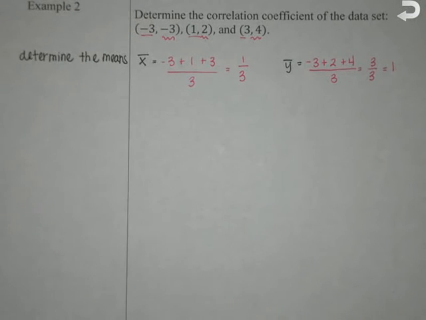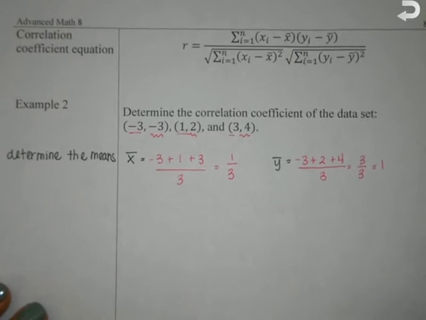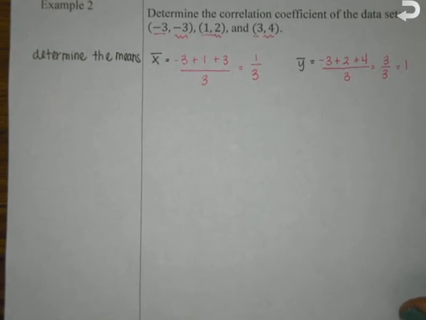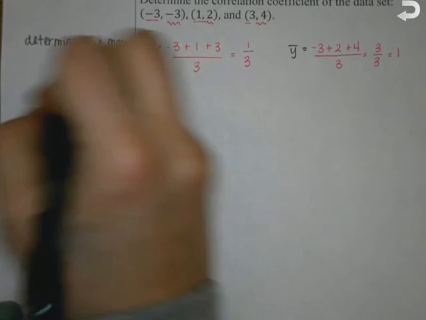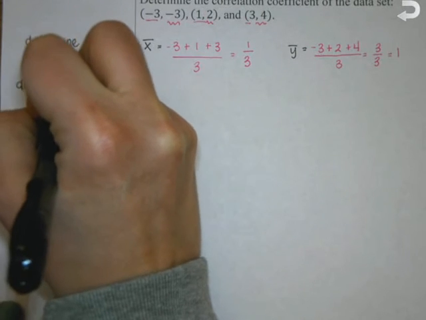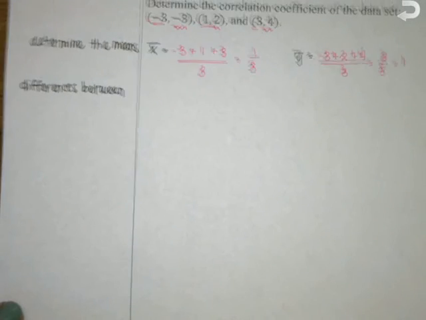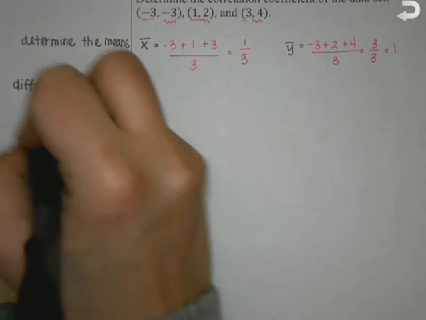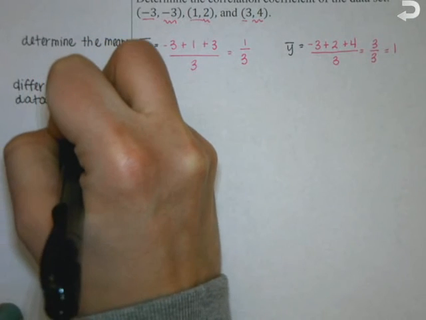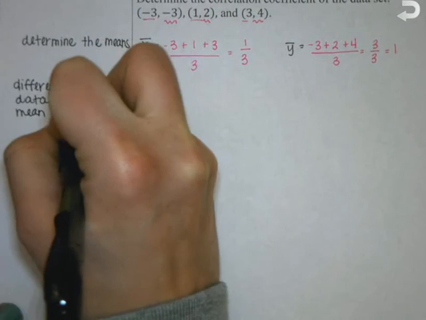Okay, the next part is, in our formula, we have a whole bunch of differences, right? So let's do the differences. Let's write it as the difference between data values and the mean.